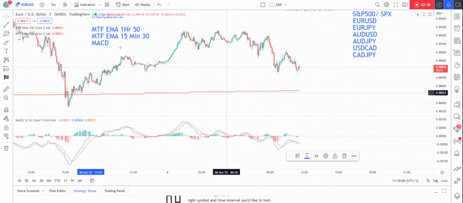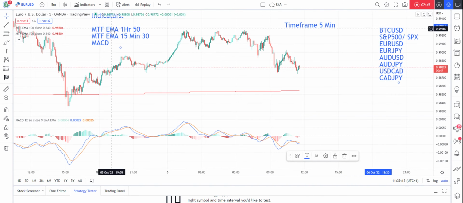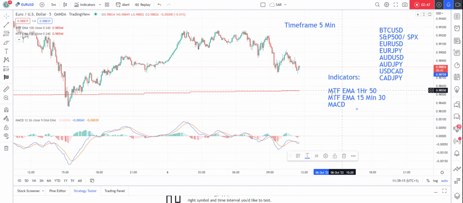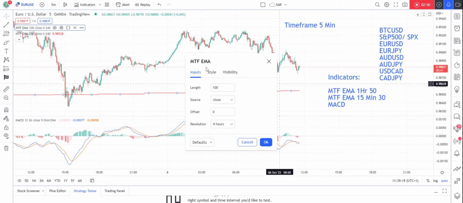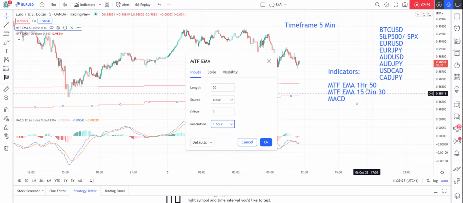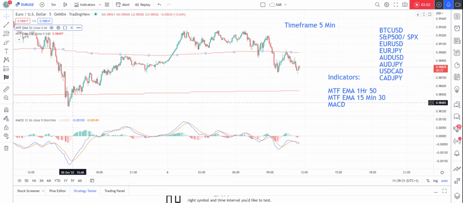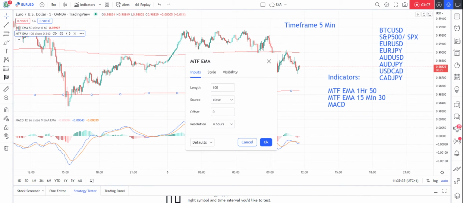MACD, we'll leave it as it is, standard. And the MTF, we're going to change them as per, so the length would be 50 and the resolution 1 hour, right? That's the first one, 1 hour and 50. The second one, we should also change the color.